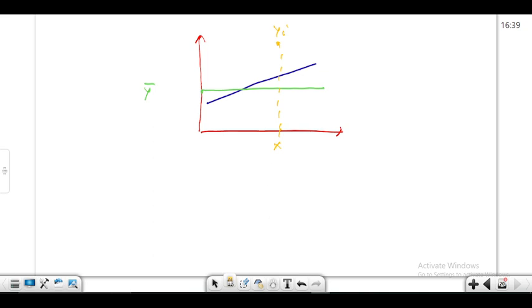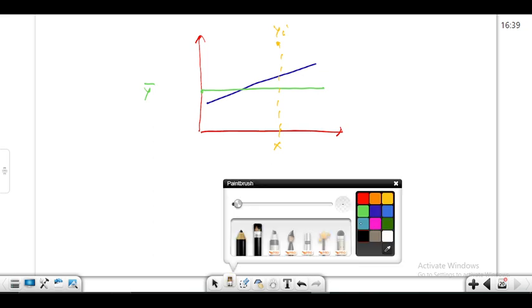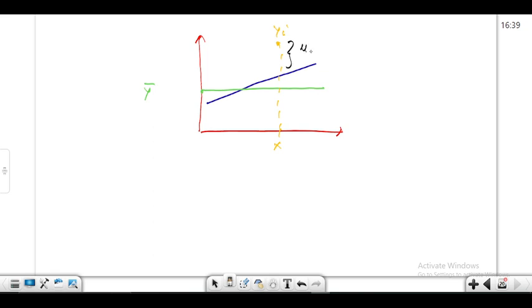So now this becomes your ui hat. Okay, and since this point lies on the regression line, this is your yi hat, and this value is your yi hat minus y bar, and this entire value is your yi minus y bar value.